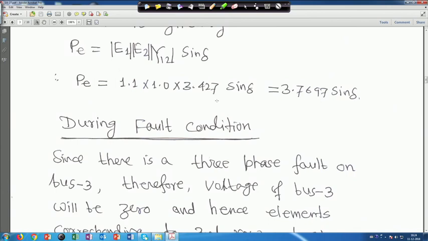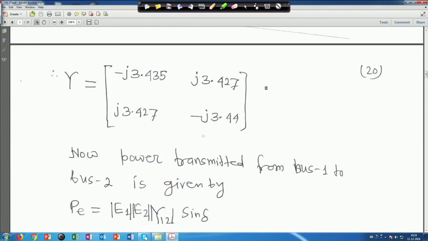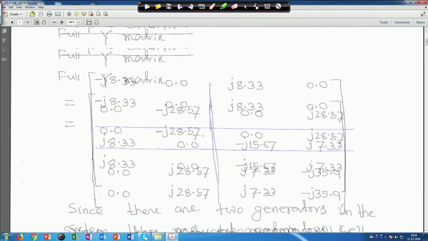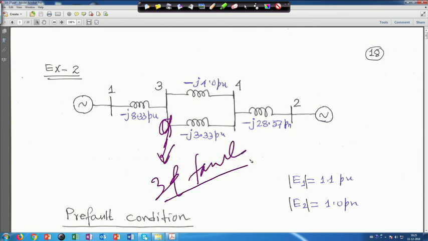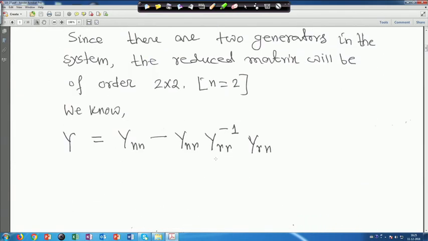Now, during the fault condition, since there is a 3-phase fault on bus 3, if we go back to the diagram, there is a 3-phase fault at this bus, right. So, what will we do if a 3-phase fault has occurred at that bus?